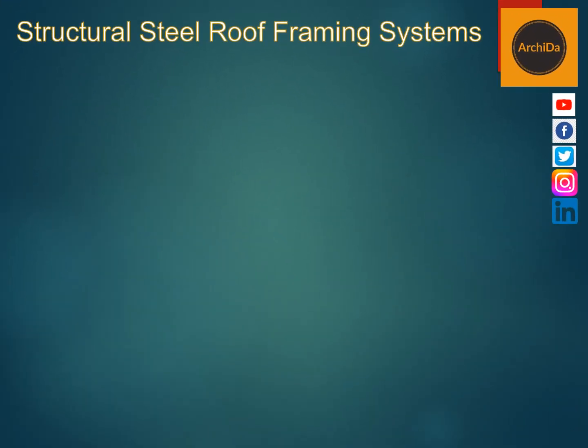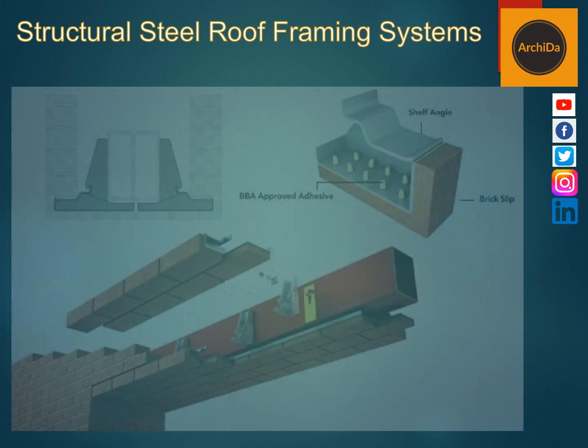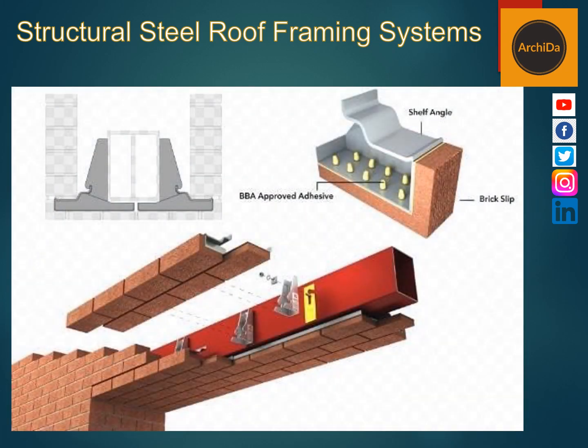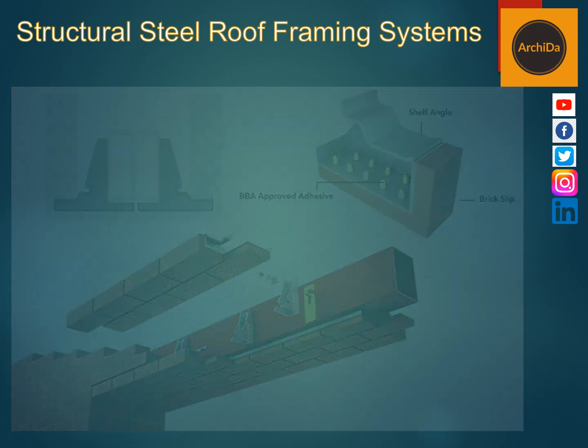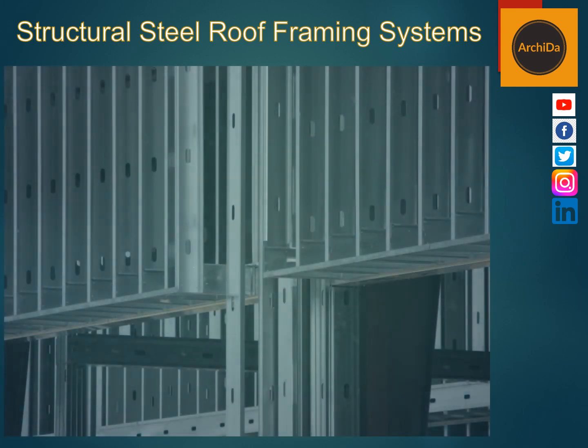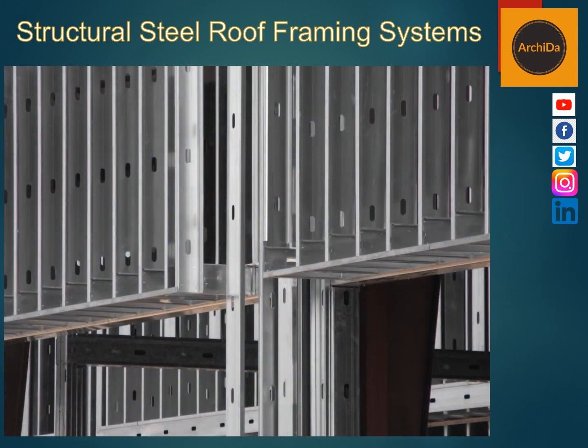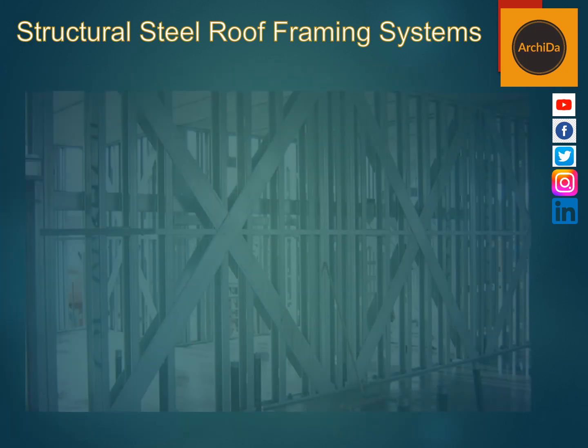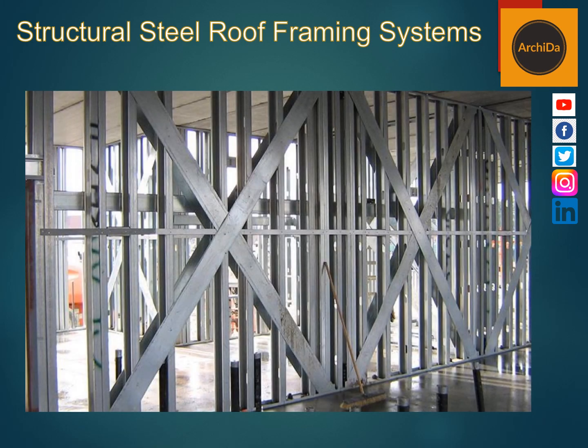Now for a wall-bearing steel framing system. In the wall-bearing steel framing structure, building walls, whether interior or exterior, are used to carry the end of structural members that support floor or roof loads. Wall bearing should be adequately strong to not only carry vertical reactions but also to resist any imposed horizontal loads.